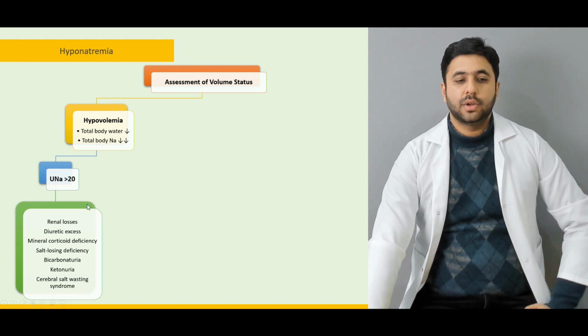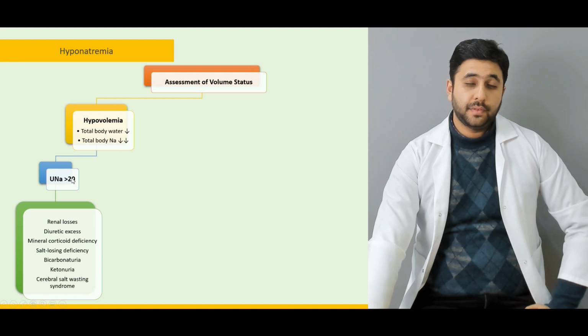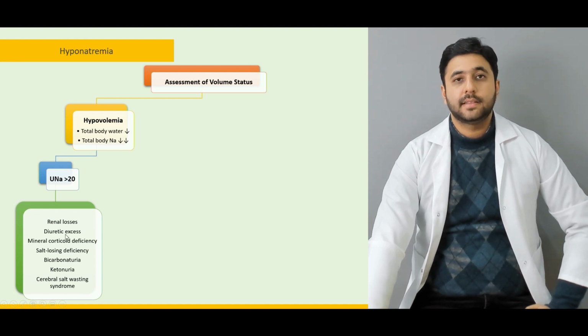So the renal losses are the number one cause of increased urinary sodium concentration. There can be some diuretic excess. The patient might be taking thiazides, for example.